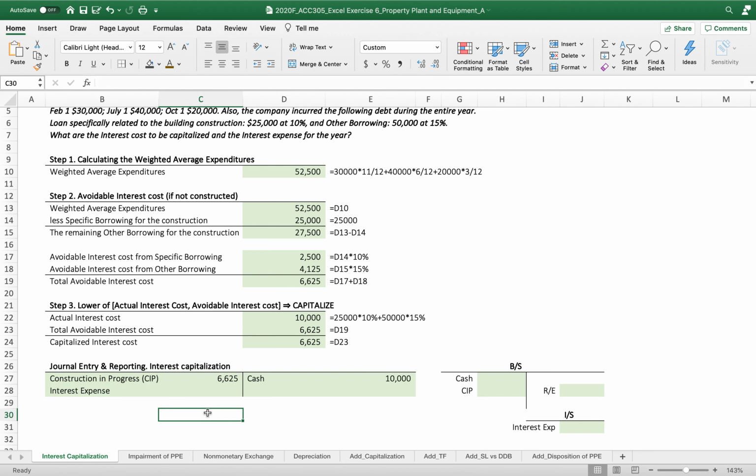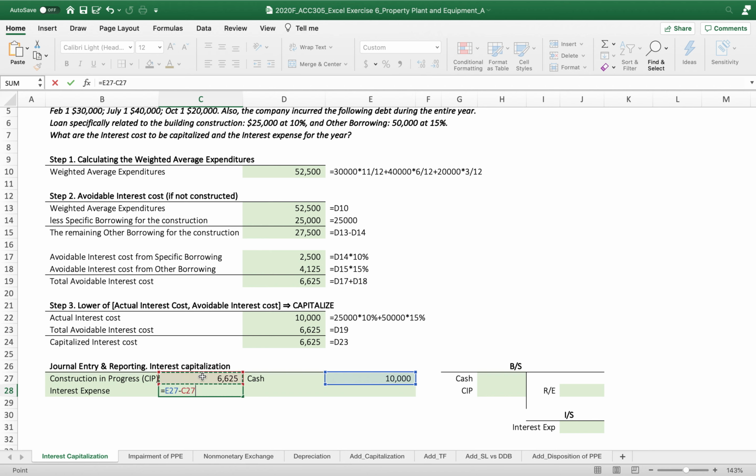How much actual interest expense should the company recognize? Because the company capitalized this 6,625 out of the total 10,000, the difference between the two is the interest expense the company should recognize.